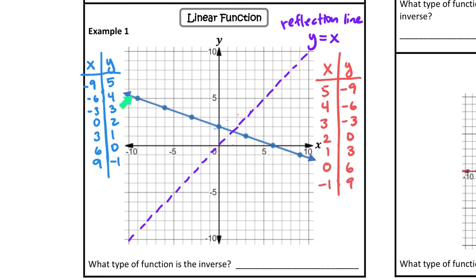So all I'm doing is using the points that I got from this blue line and switching them to get the inverse points.